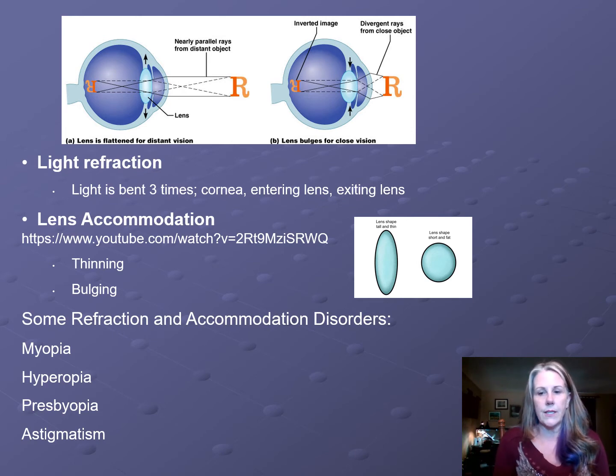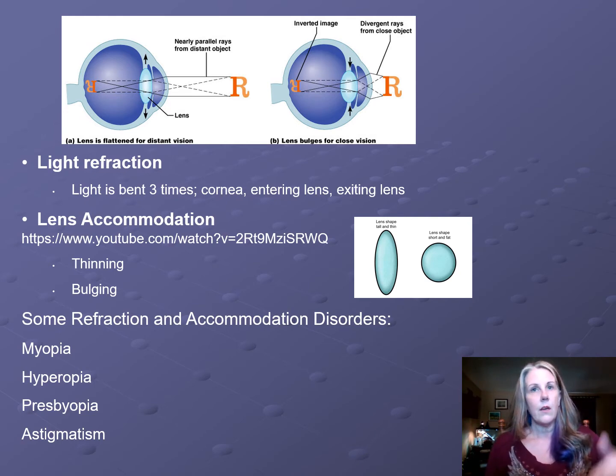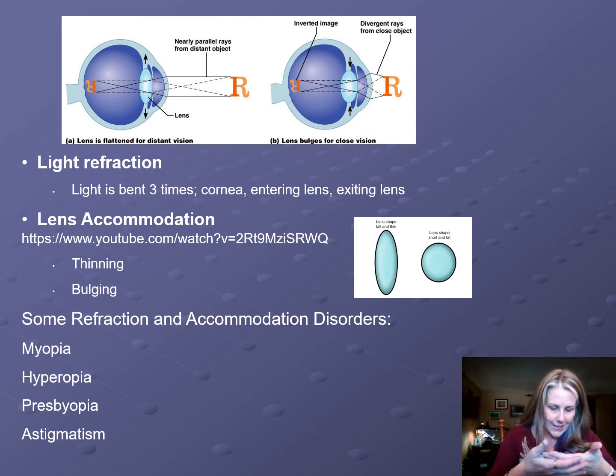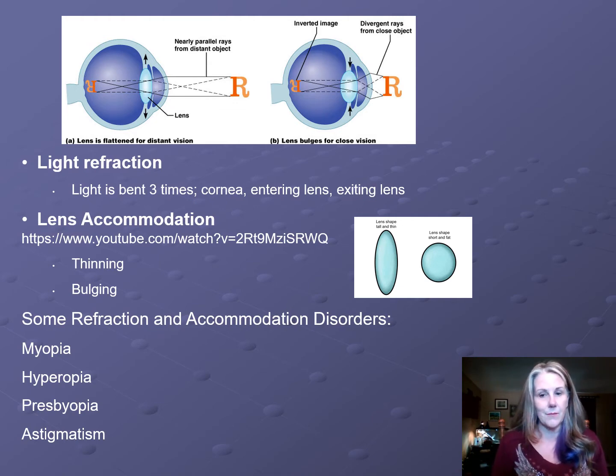So the lens isn't as pliable anymore, and it's not going to thin out as much as it did, and it's not going to bulge as much as it did. So guess what? It's really hard to see things far away, and it's hard to see things up close. So that's kind of the best of both worlds, or the worst of both worlds, presbyopia.